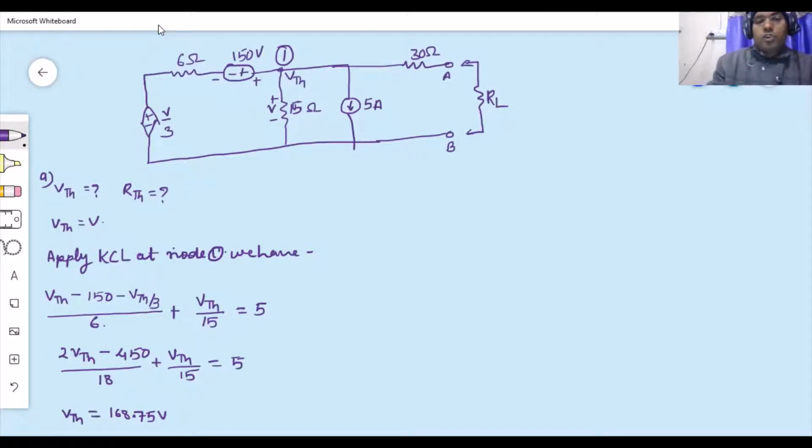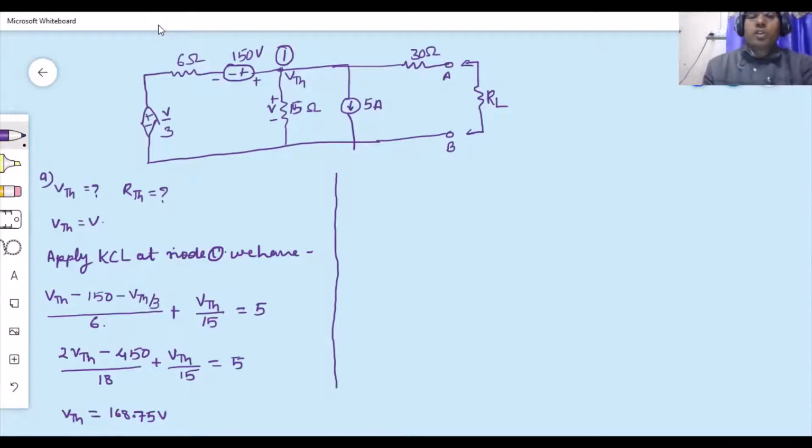Now, for RTH, since there is a controlled voltage source, we cannot remove the sources to calculate RTH. So for this, we need to calculate the short circuit current.